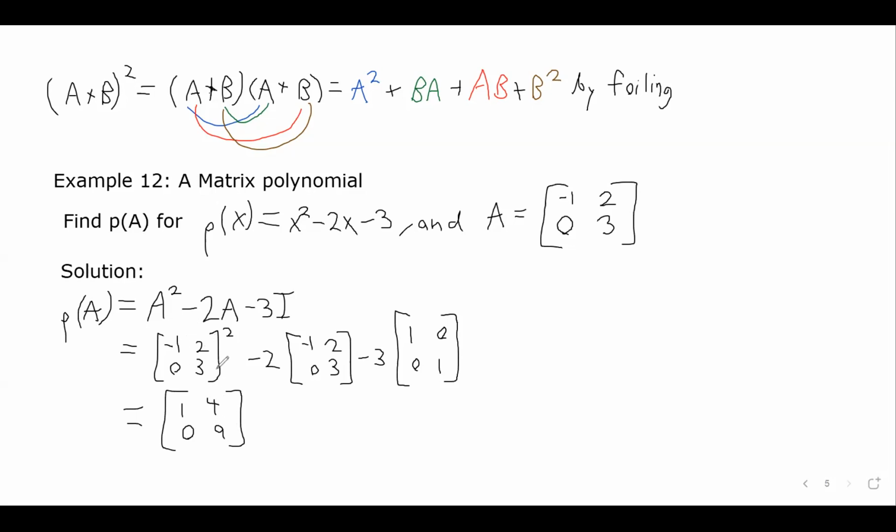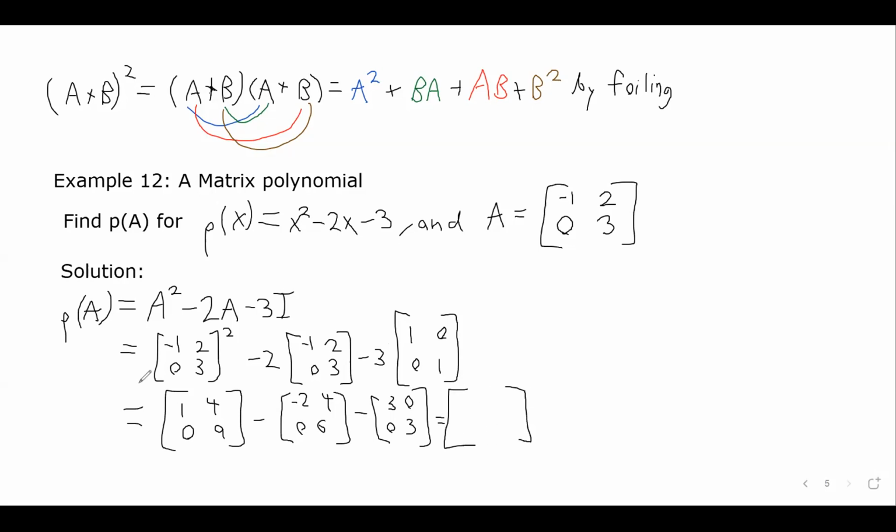So that's squaring that matrix. That's minus, and then I'm just multiplying this by 2 and keeping the minus sign. So this is -2, 4, 0, 6, and then minus 3 times that matrix. I'm keeping the minus sign, so I'm only multiplying by 3, not minus 3. That's 3, 0, 0, 3. Okay, and then you do all this arithmetic.